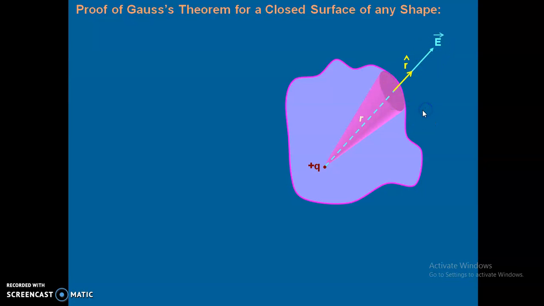Next, the distance of this surface from the charge is r. The solid angle subtended by this small surface area dS is d omega.